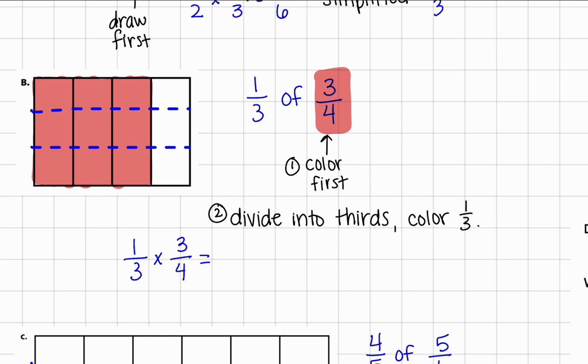And we're going to color 1/3. So I'm going to take my blue and we're going to color 1/3.